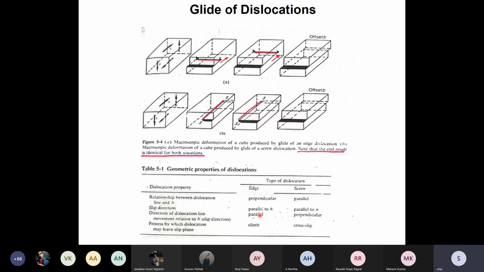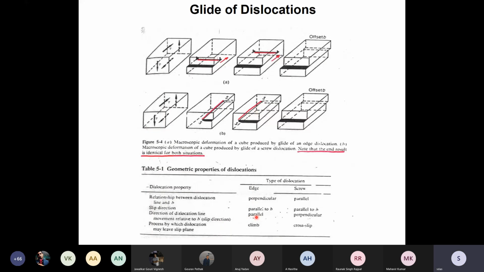Slip direction for edge is parallel to the Burgers vector; in that direction you are having slip. Same case for screw dislocation, parallel to the Burgers vector. Direction of dislocation line movement relative to the Burgers vector or slip direction, same thing, it will be identical.